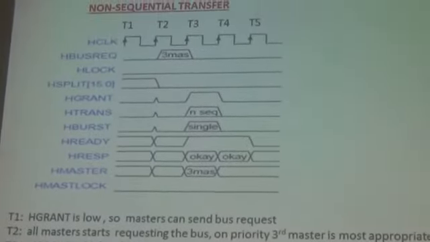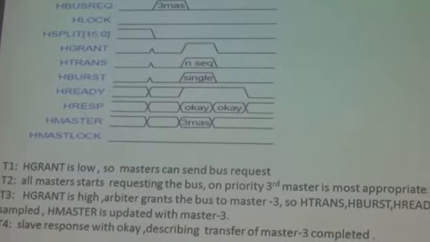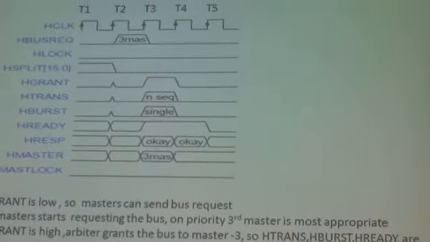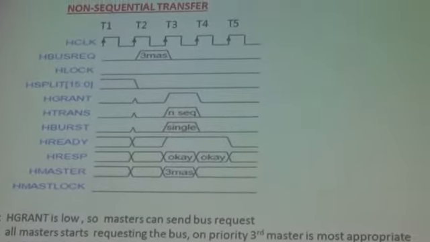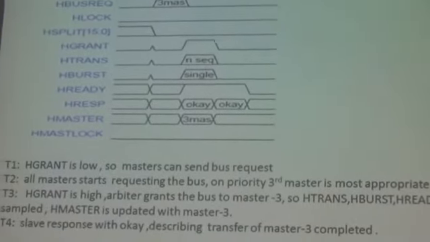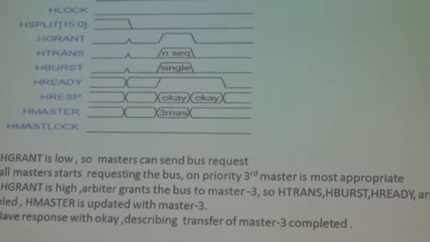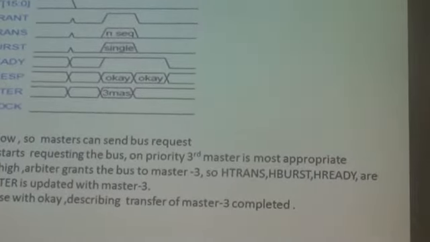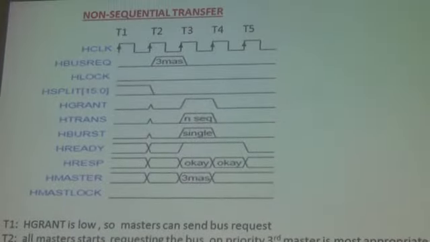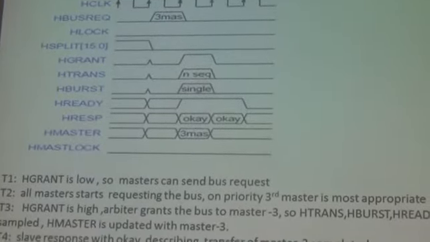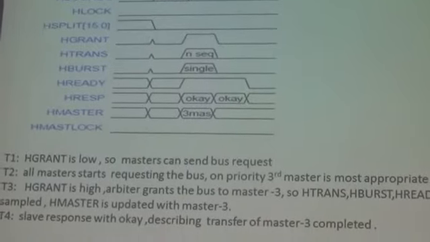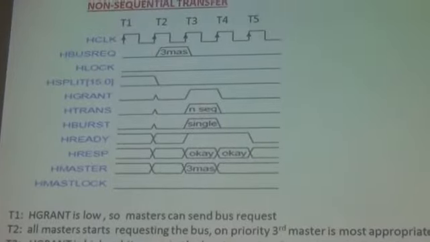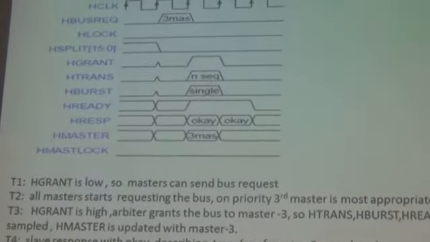At T2, all the masters start requesting the bus, but on priority the third master is more appropriate. At T3, HGRANT is high. Since HGRANT is high, the arbiter grants the bus to the third master, so HTRANS, HBURST and HREADY are sampled. In the third cycle, HTRANS is non-sequential, HBURST is single, and HRESP is OKAY, and all are sampled when the bus has been allocated to the third master.